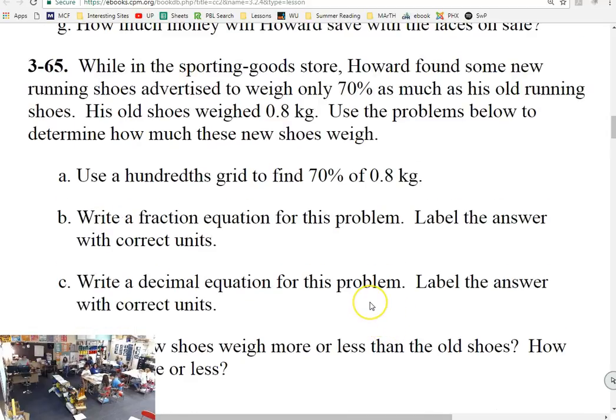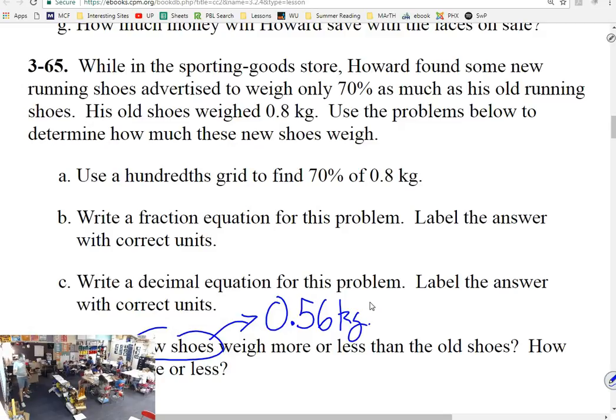So, if we got 56, and we said each box was 100, the new shoes are going to weigh 0.56 kilograms, which means compared to the old shoes, what's the difference? 24 kilograms.